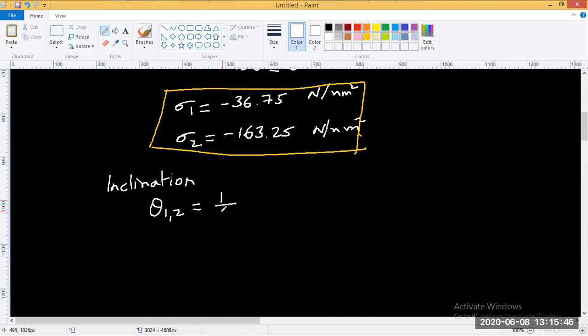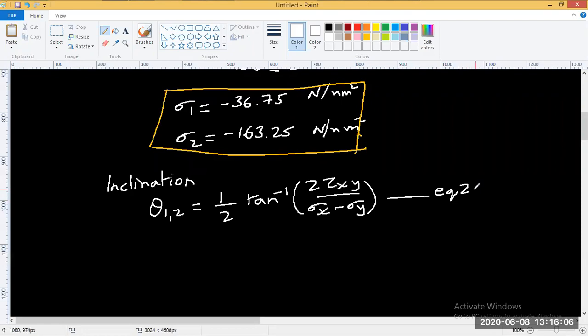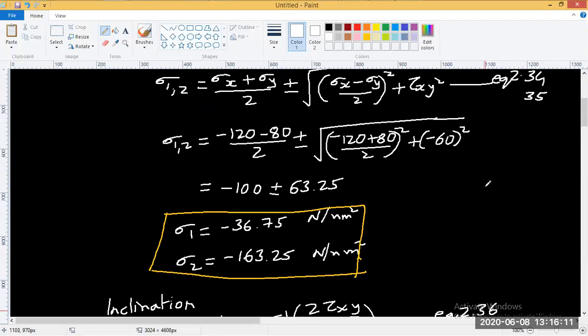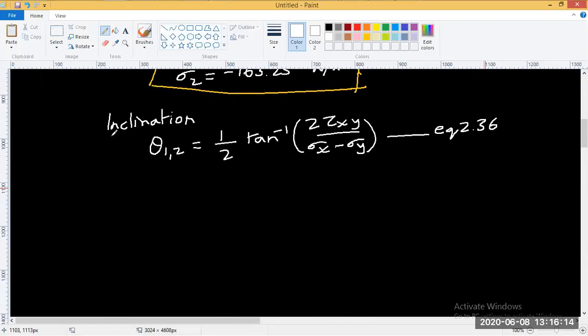This is given in equation as half tan inverse of 2 tau xy over sigma x minus sigma y, and this comes in equation 2.36. So this is the inclination of that principal axis, which are split by a 90-degree angle here. Okay, let's try to find this out.